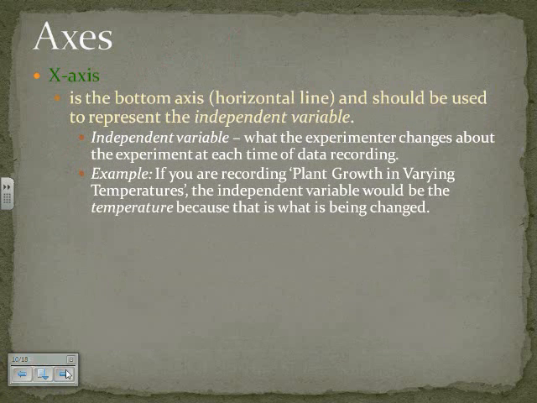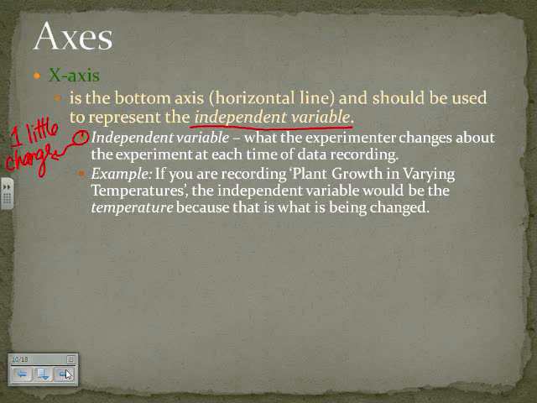So that x-axis, the bottom axis, is how we represent the independent variable. Remember, the independent variable is that one little change for the experiment.